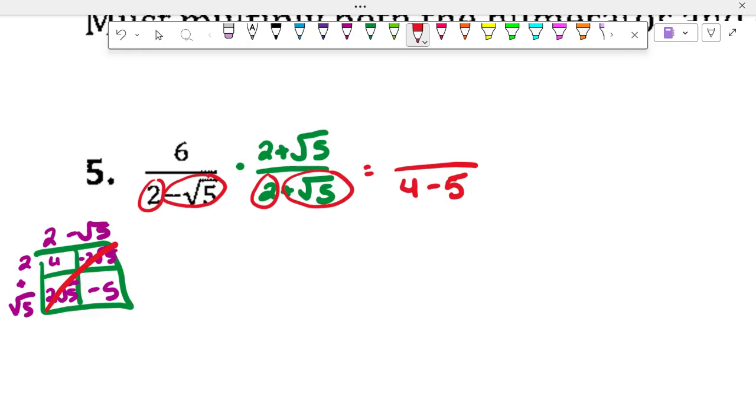Now, the 6 times the 2 plus the square root of 5, you just need to distribute. So what's 6 times 2? 12 plus, what goes on the outside? The square root of 5? 6 square root 5.